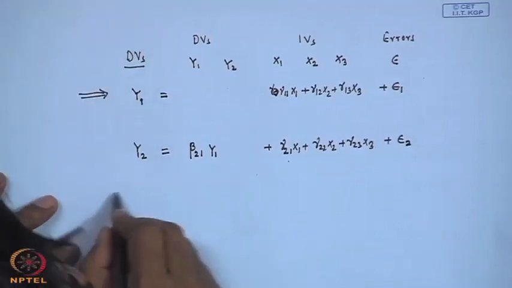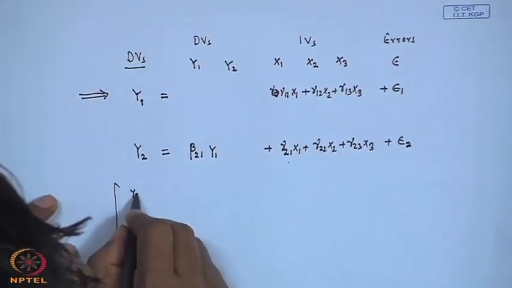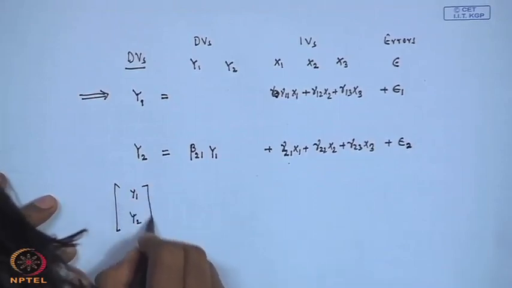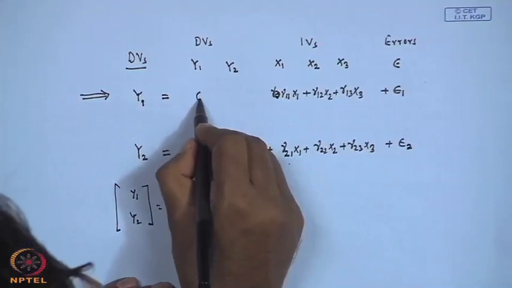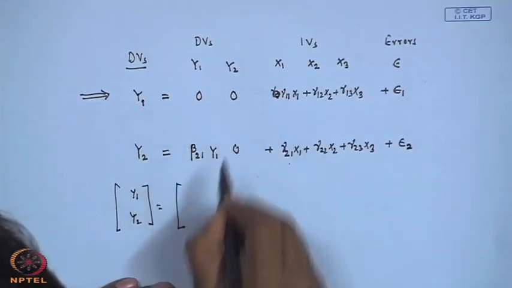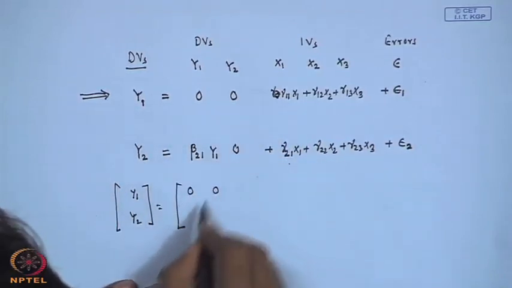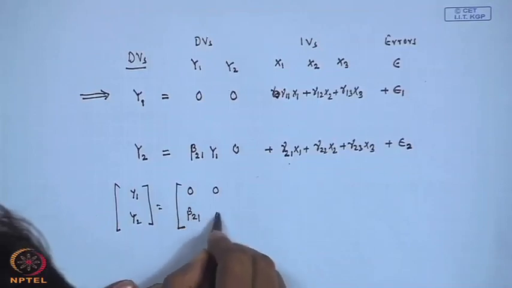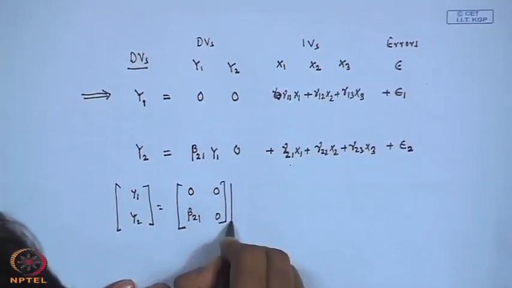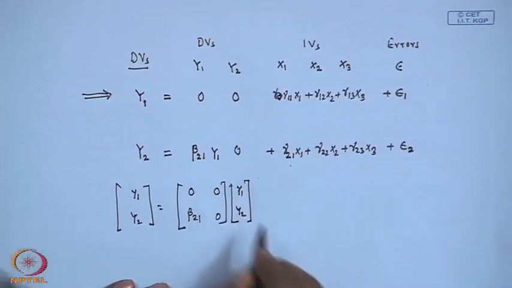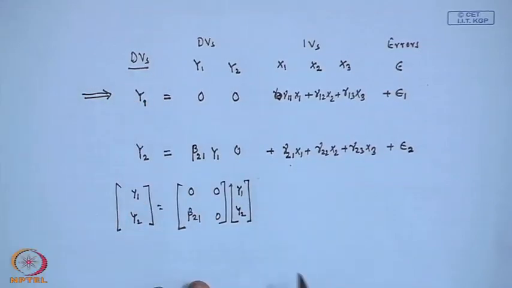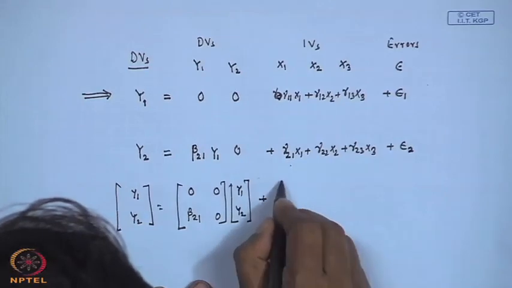So, in matrix form you can write y1, y2 equal to, on this side nothing means 0 0, so 0 0 beta 2 1 0, times y1 and y2 again, which is the difference from the regression model.